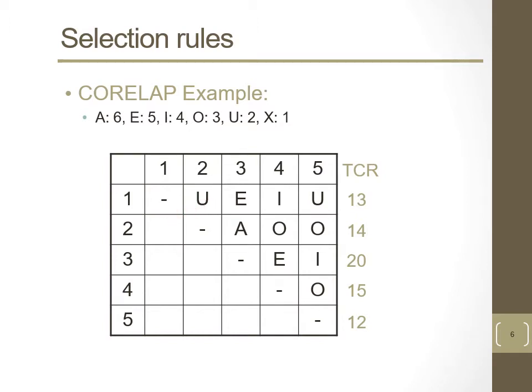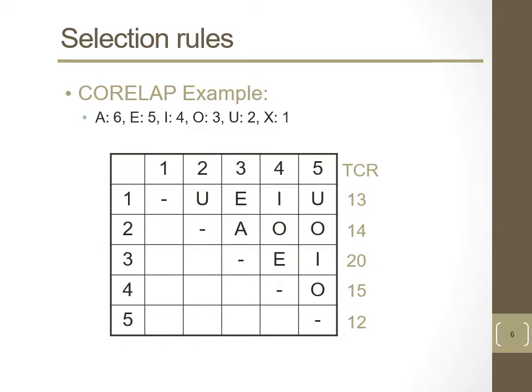So while calculating the TCR score for department 2, you should consider that there is U here, whose weight is 2, and this A is 6, and ordinary important is 3, and this also 3. When you add up all these weights, you come up with a TCR score of 14. This is the TCR score for department 2.